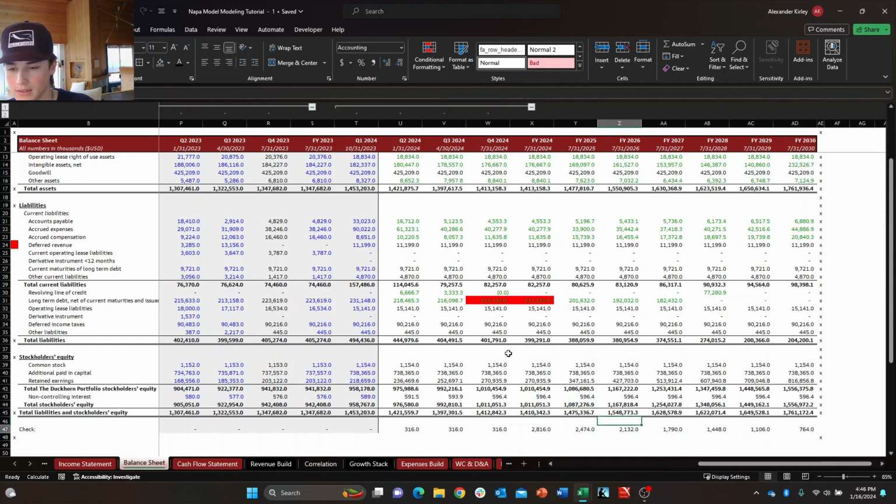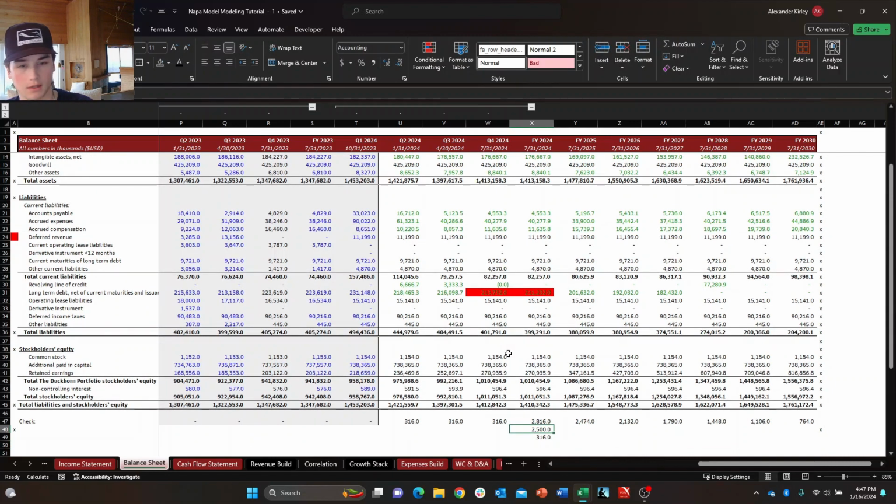And then we also see a difference in these numbers here in our fiscal years of roughly about 2.8 million. And then it scales as we go. So I'm pretty sure it's attributable to this here. So if I do this lower, this minus this, and then I do this minus this, we have 316.